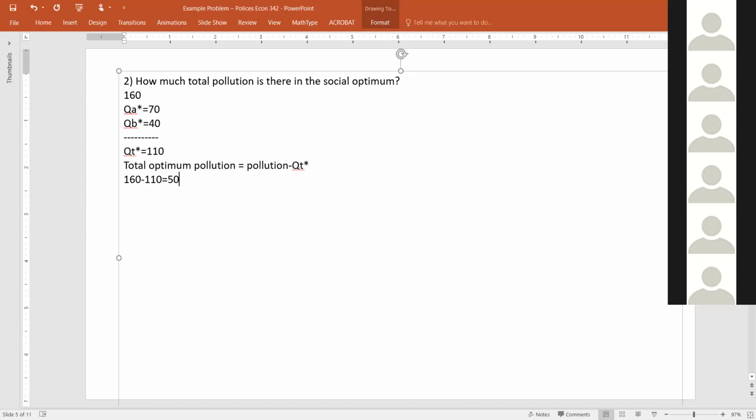So I'm going to stop sharing the screen real quick, and I'm going to come back on the camera. What we've done is we've been given some information about 2 firms in a society that are polluting. We want to know what the optimal level of pollution they can abate is, given some benefit function to society.